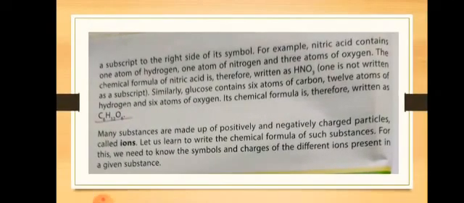So many of the substances are made up of positively and negatively charged particles. And these are called ions. Let us learn to write the chemical formula of such substance. For this, we need to know the symbols and charges of the different ions present in the given substance. Now, what is this ions?